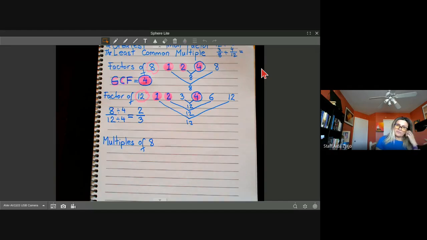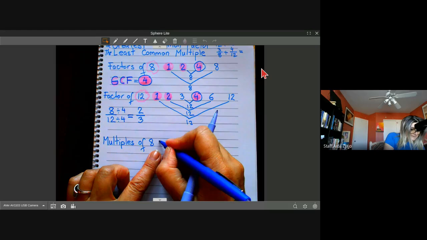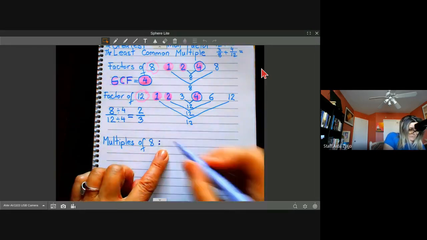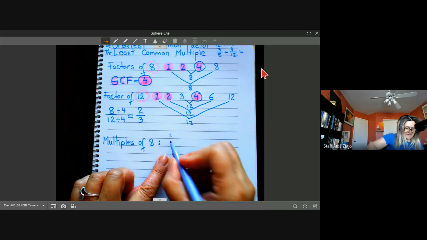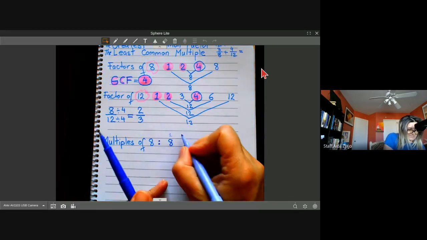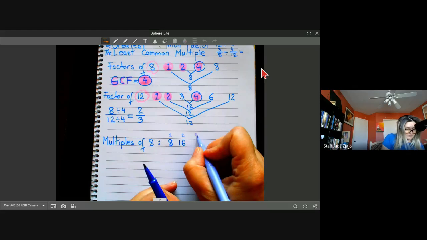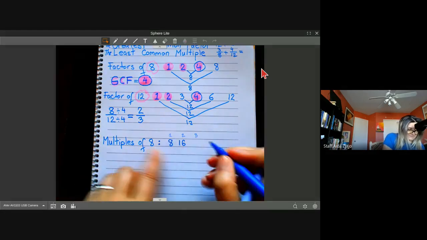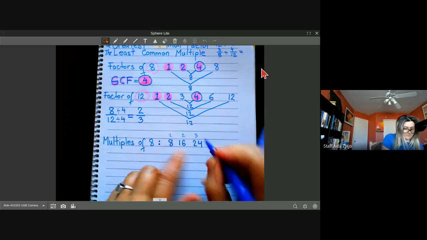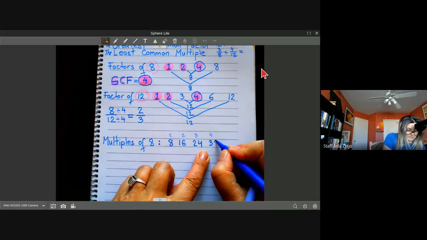So it's like doing this multiplication in your brain. If I needed multiples of 8, I can say 1 times 8 is 8, 2 times 8 is 16, 3 times 8 is 24, 4 times 8 is 32.